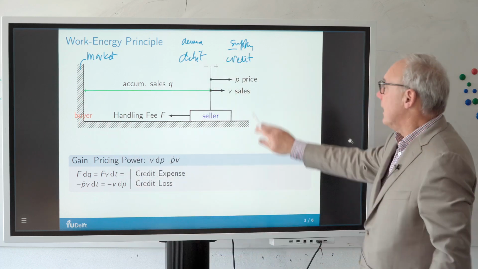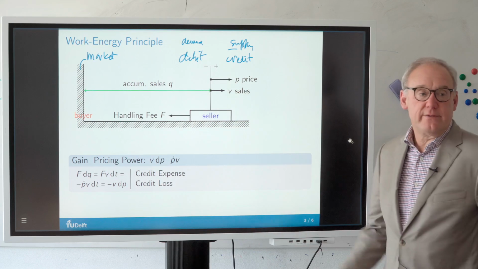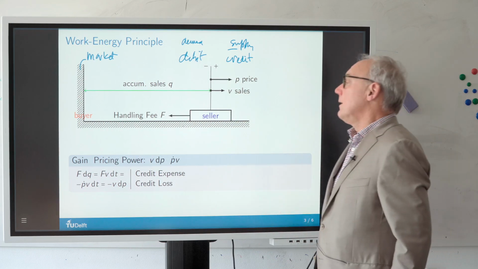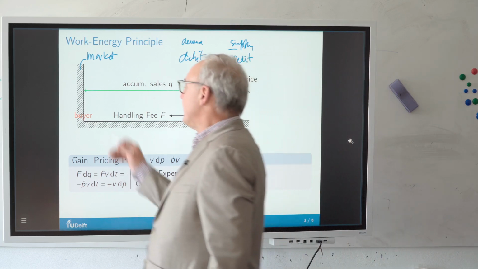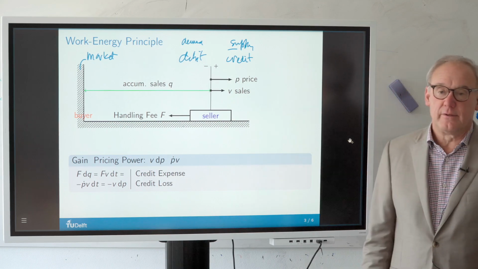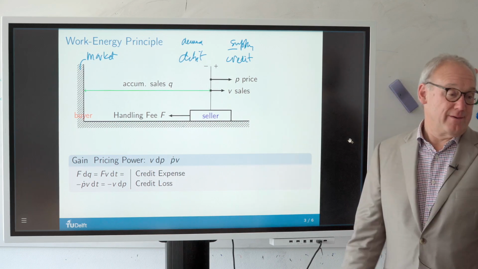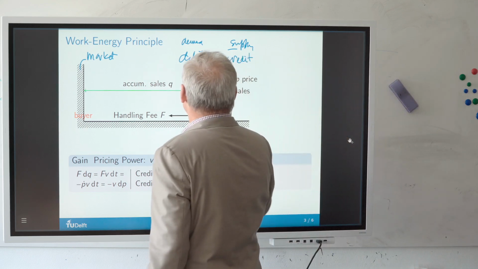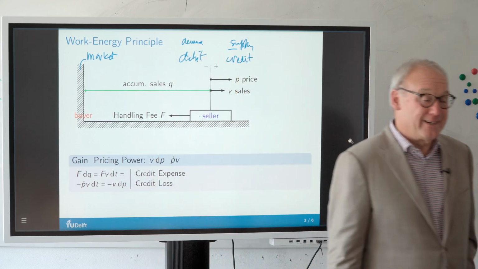And the amount of the sales is this vector. That's the rate at which he's lengthening it. But to do so, the buyer is going to charge him, let's assume, a handling fee to get these things over there. So this handling fee will end up debiting the seller, all right?